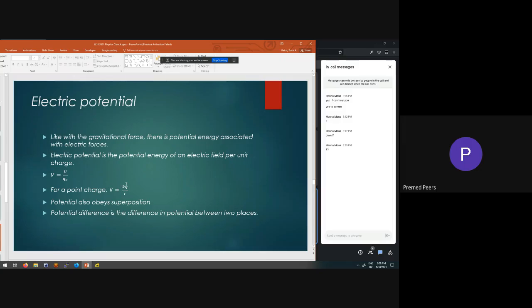When you integrate 1 over R squared, you get 1 over R. Potential also obeys superposition, meaning that if we have multiple point charges and we want to know the potential at a certain point, we can simply do this for each charge. What's important is that potential is a scalar, just like energy. We can have positive or negative potentials, but when we divide energy by charge, it's also a scalar, which we're going to see again in a moment.